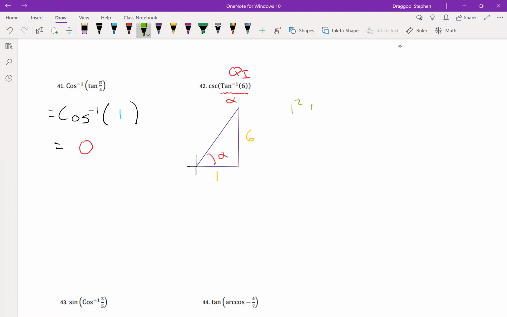So 1 squared plus 6 squared is equal to h squared, meaning that 37 is h squared, so our hypotenuse must be the square root of 37. Now that I have my reference triangle complete, I just need to come back to the initial problem, which was getting the cosecant of my angle alpha.